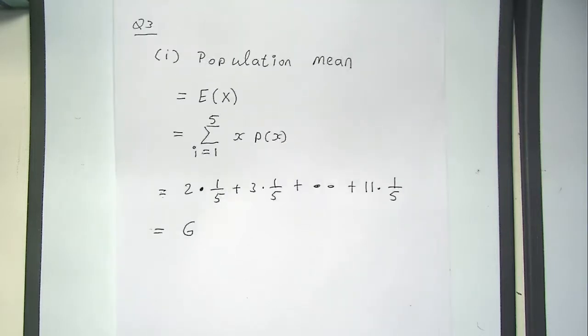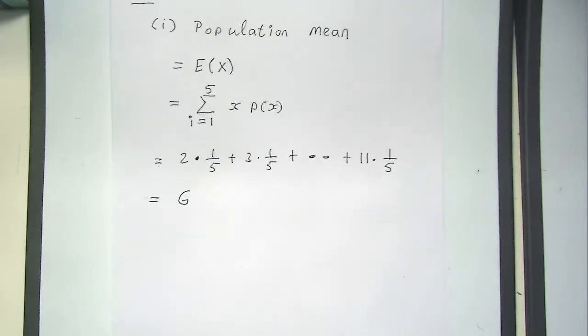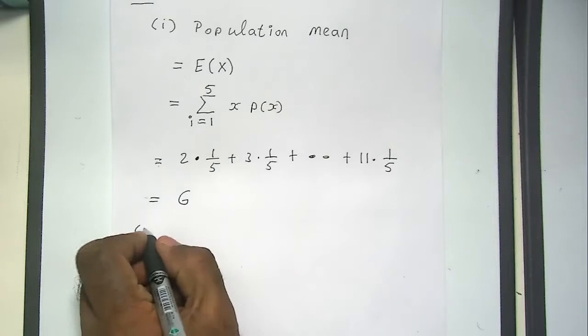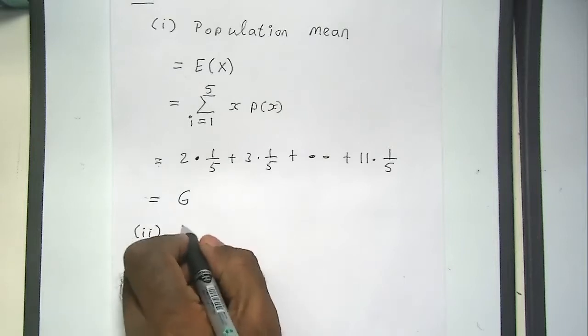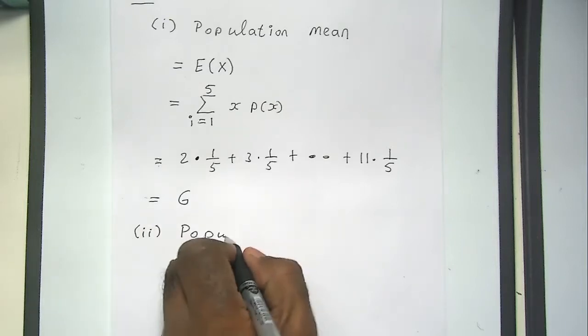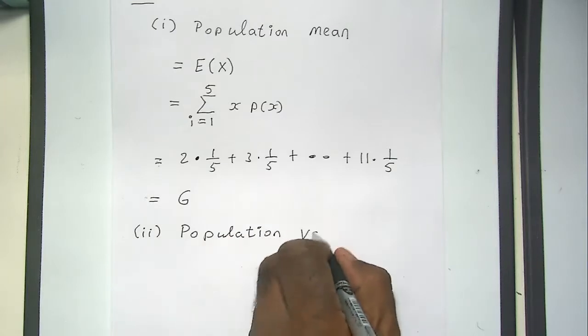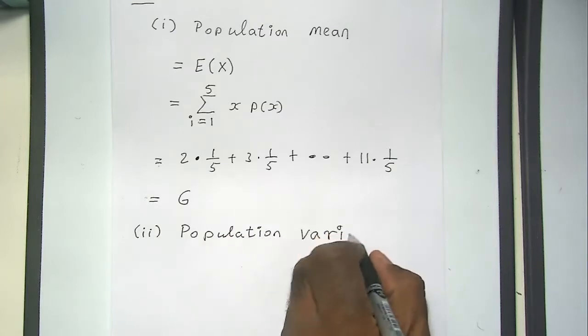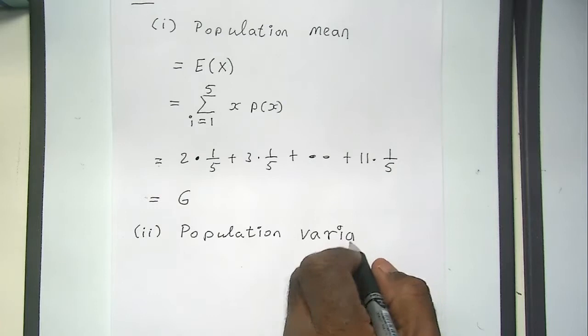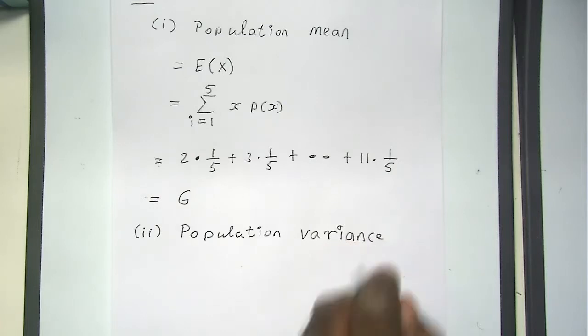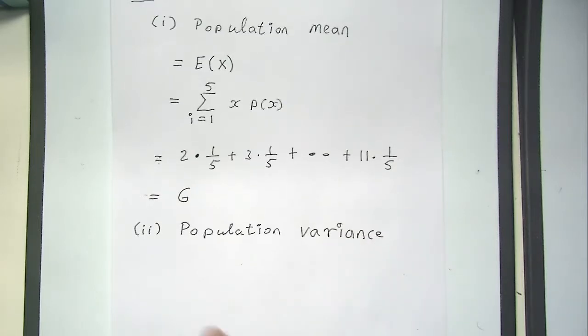That's part 1. Part 2 is asking you for the population variance.